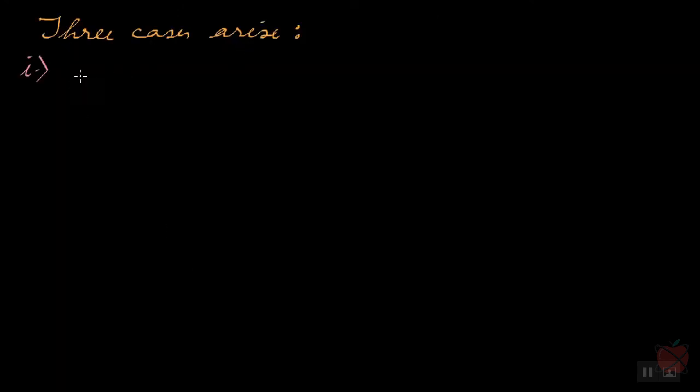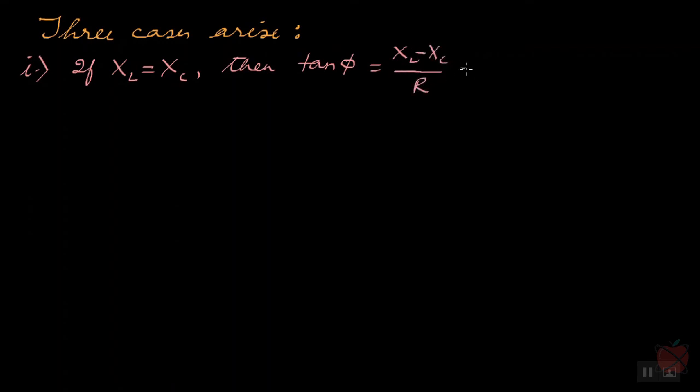Three cases arise. Number one, if suppose XL is equal to XC, then tan phi, which is equal to (XL minus XC) divided by R, this will be 0. So this implies that phi is 0.